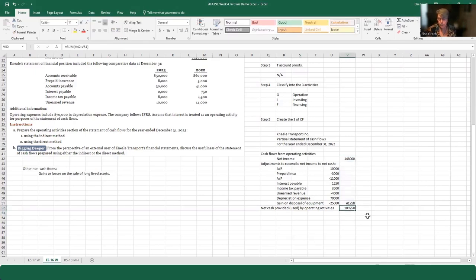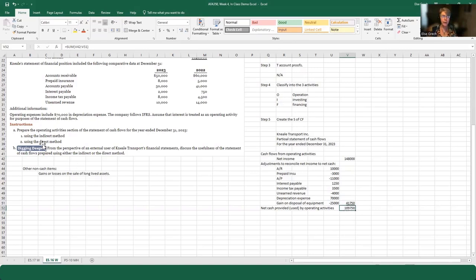Now notice that the net cash inflow from operating activities is positive, and it appears to be very healthy. It is above the net income, which speaks to the quality of the earnings that we have. So this is a good thing. We want positive cash inflow from operating activities, particularly if this is a mature company.